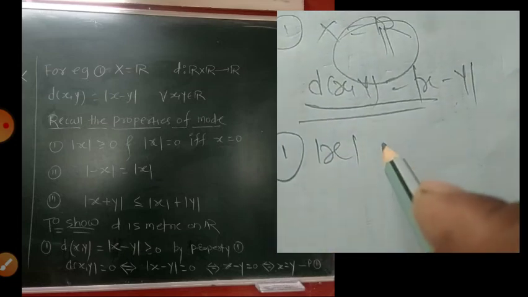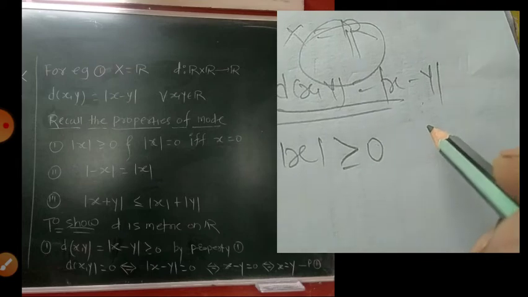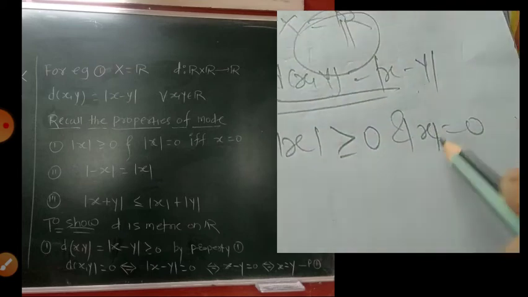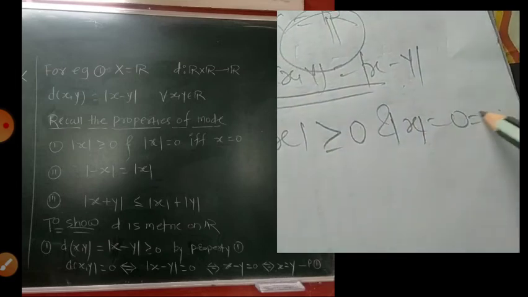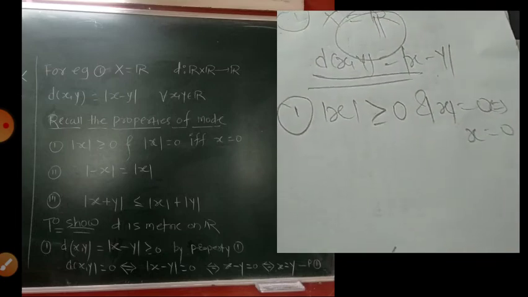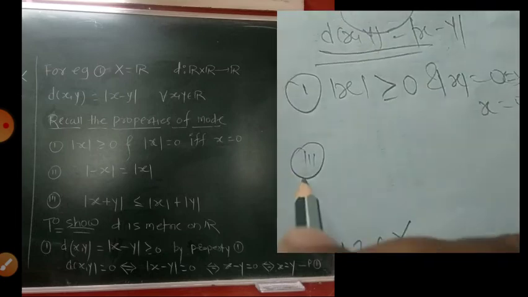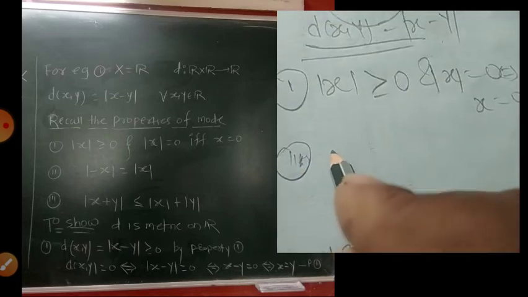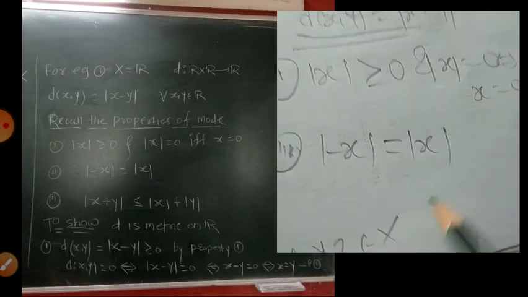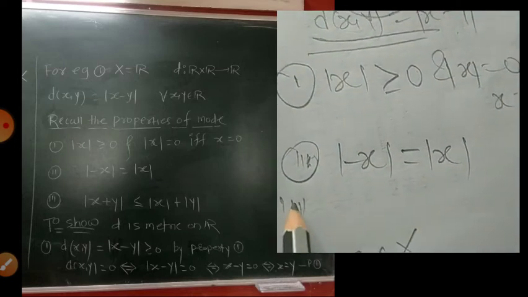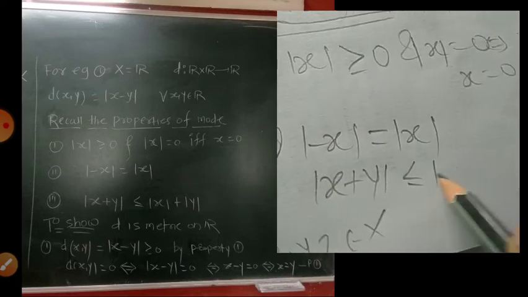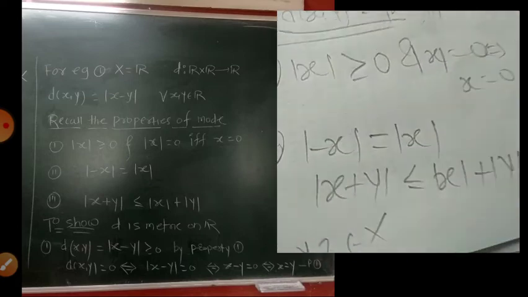The first property of mod: mod x is always greater than or equal to 0, and mod x equals 0 if and only if x equals 0. The second property is mod of minus x equals mod x, and the third property is mod of x plus y is less than or equal to mod x plus mod y.